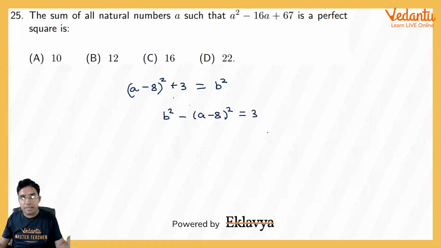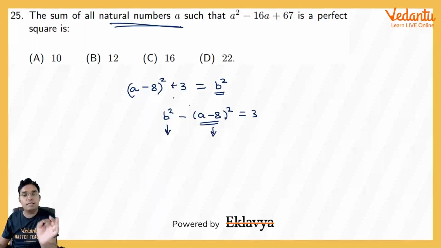Please understand it. See, this B is a perfect square of some natural number, isn't it? (A minus 8) square is also a perfect square of some natural number, or at least an integer. Both are positive, and there are only two integers whose squares differ by 3.